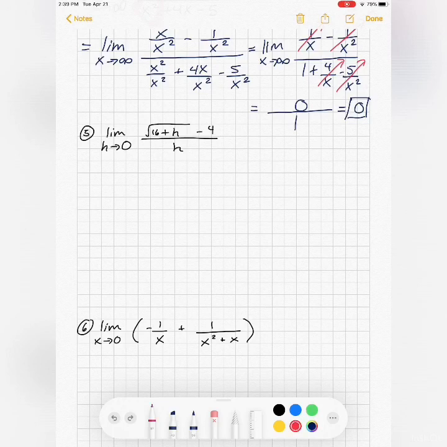So here's a little trick that we've used before. So what I'm going to do is I'm going to multiply by the conjugate. Remember, that means I change the middle sign.